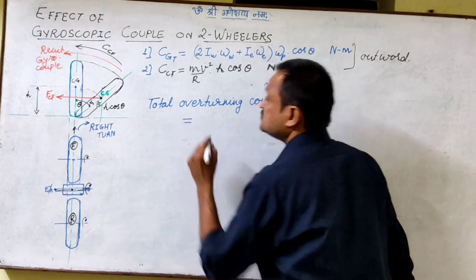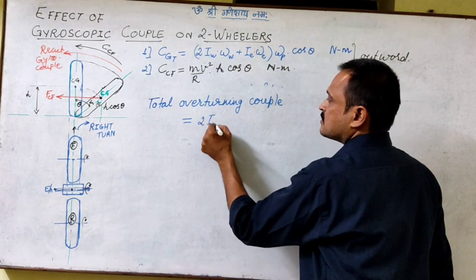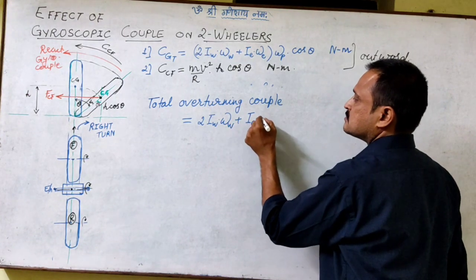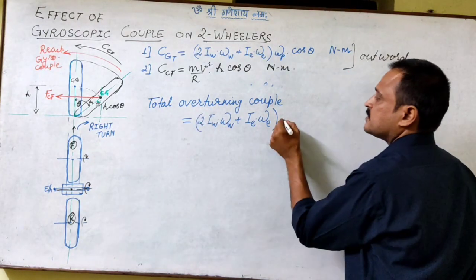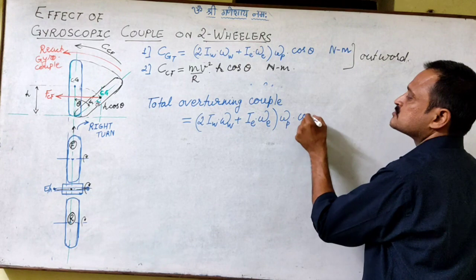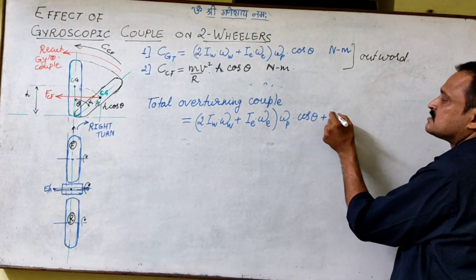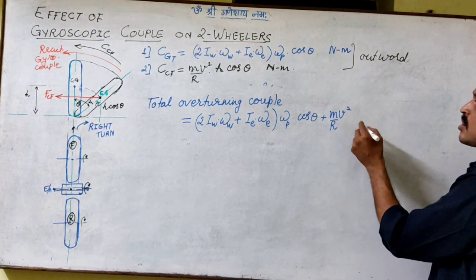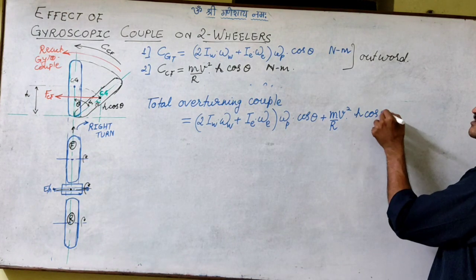This is equal to twice I of wheel omega of wheel plus I of engine omega of engine, into omega p cos theta, plus mv square by r h cos theta.